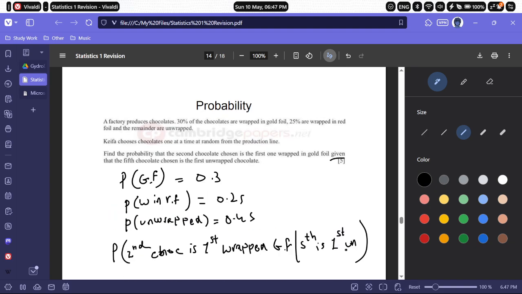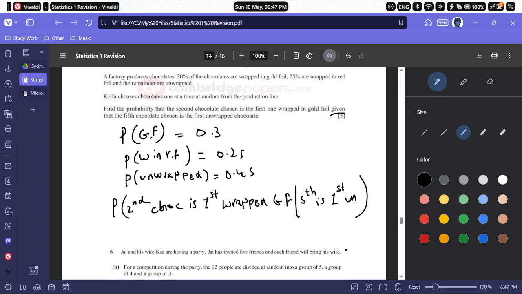Anyway, this would just be the probability of the intersection of these two events, divided by the probability that fifth is the first unwrapped. I'm just writing it so that it's easier to understand.